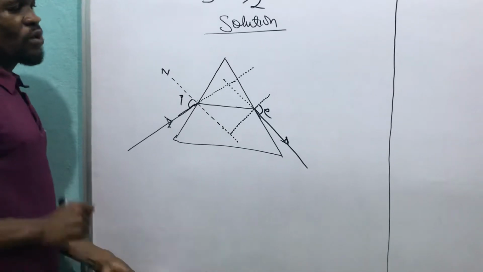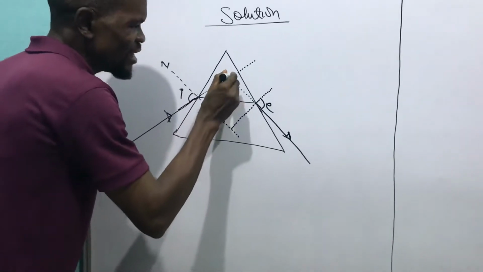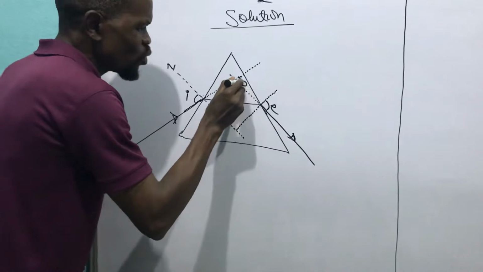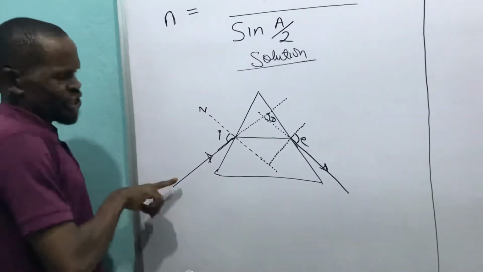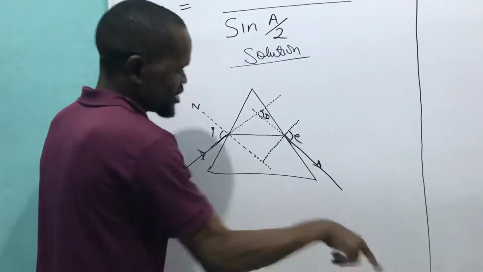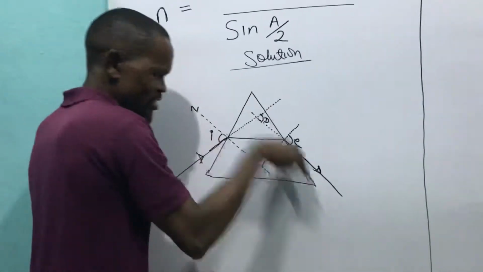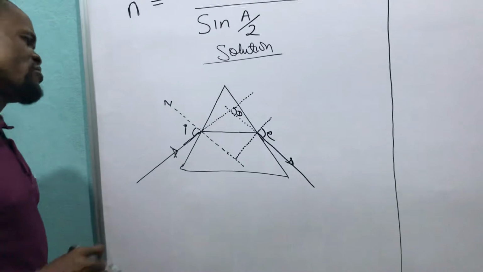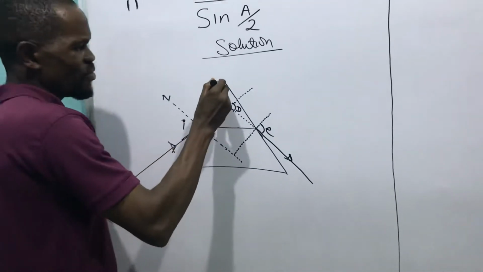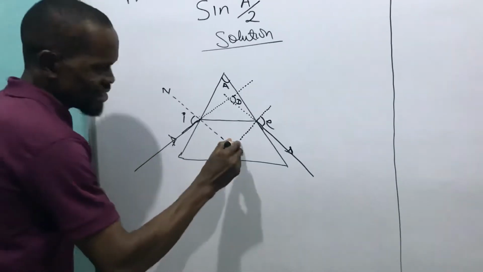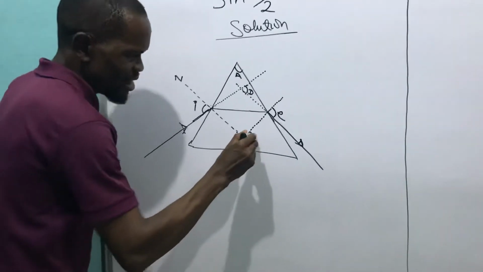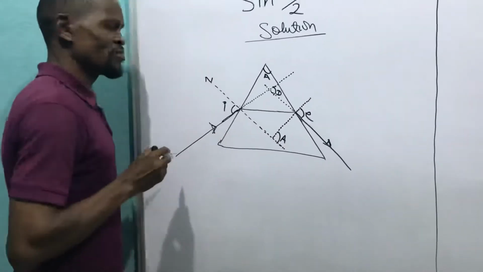And this angle here is what we call the angle of deviation, the angle by which it deviates. It's supposed to be moving this way, but he sees it this way. That's the angle of deviation. And this angle here is what we call the prism angle. And that angle is the same as this angle.